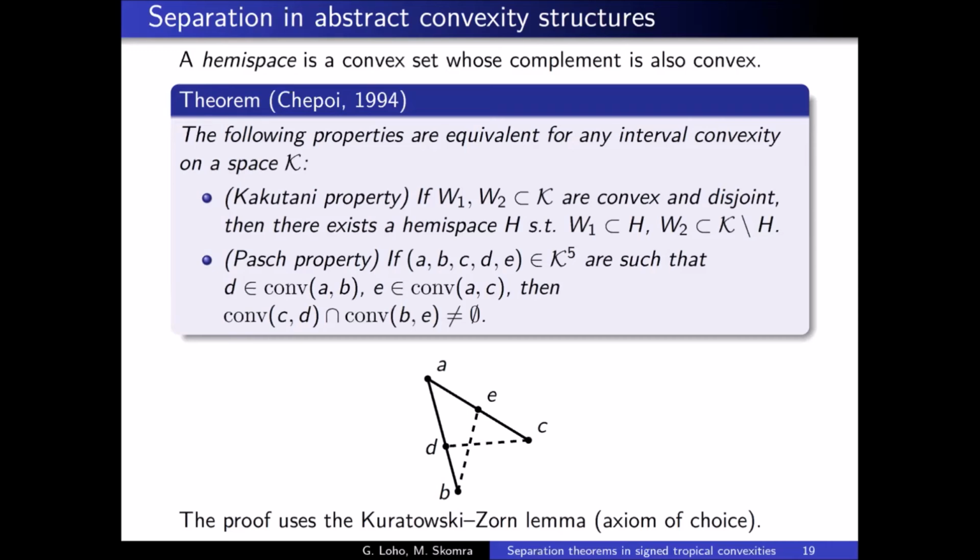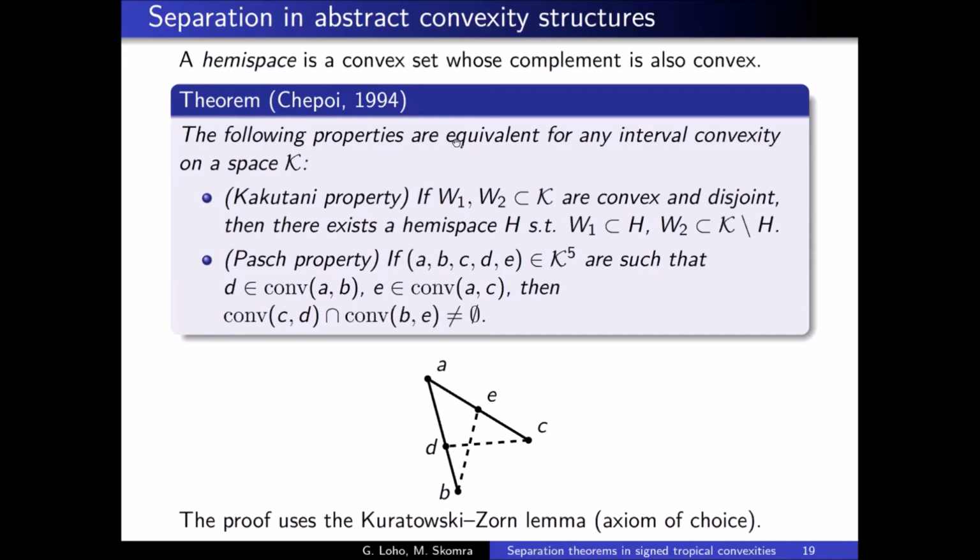A convexity is a very, very abstract notion. And then you can study separation theorems in this very abstract context. However, if you have a very abstract space, then you cannot hope to have a separation by half spaces, because you cannot define a half space without any sort of addition, right?